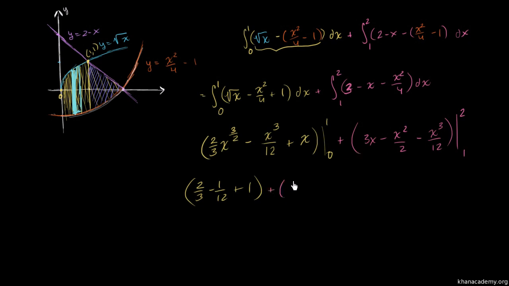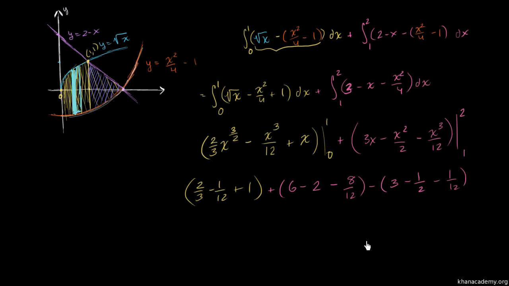You get 6 minus 2 squared over 2, which is 2, minus 8 over 12. From that, you subtract this evaluated at 1, so it's 3 times 1, 3 minus 1/2 minus 1 over 12.